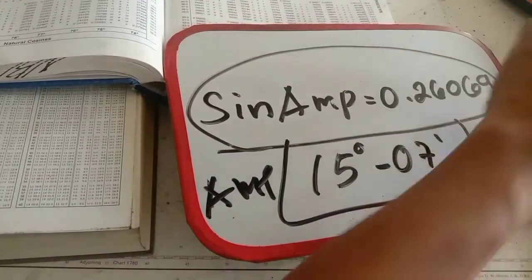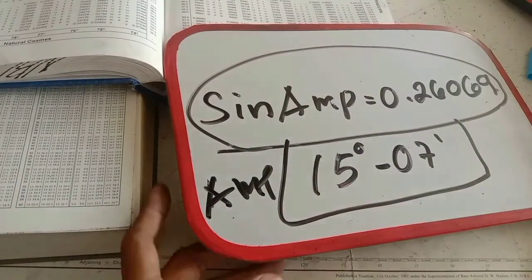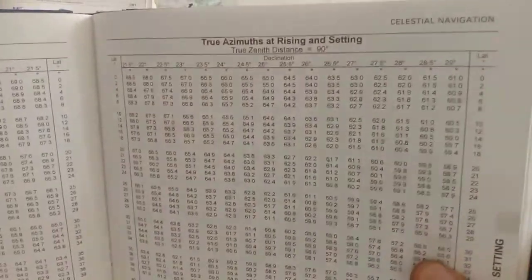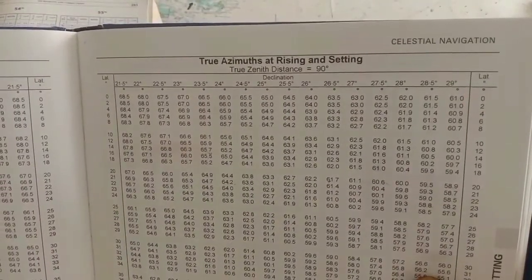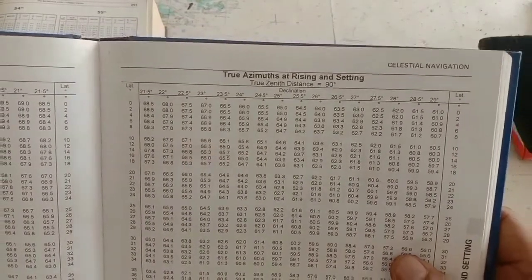Now, tingnan natin kung ilan ang makukuha natin na amplitude doon sa amplitude table. So, doon naman tayo sa amplitude table para magkaroon tayong comparison. So, this is the true azimuth at rising and setting of the sun.